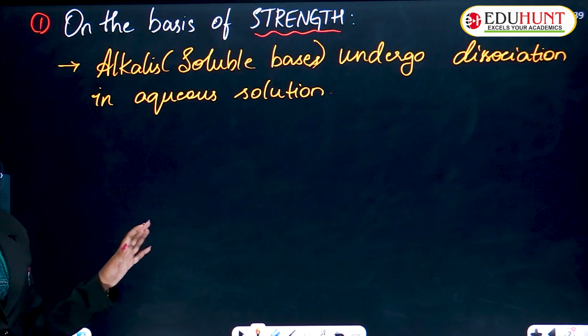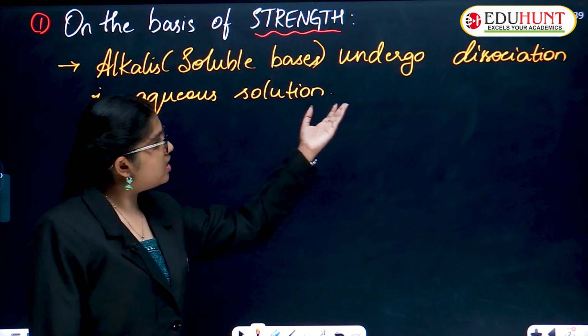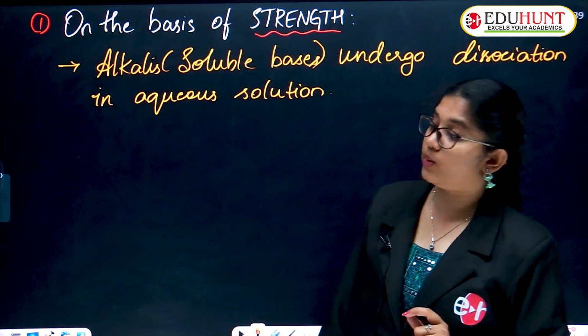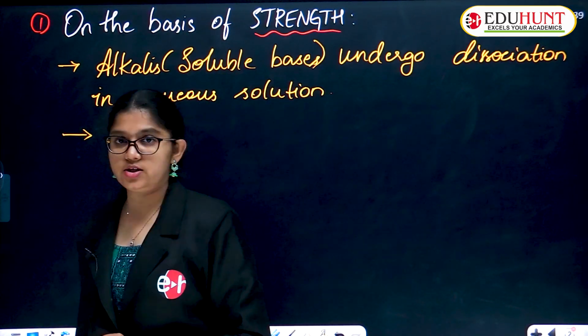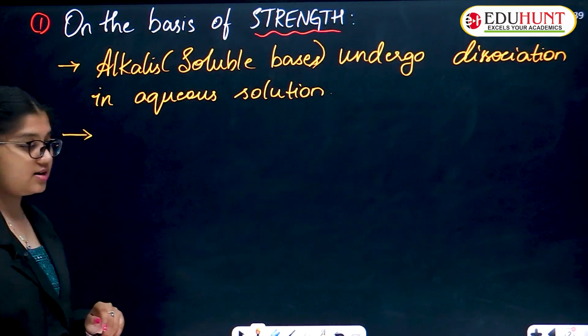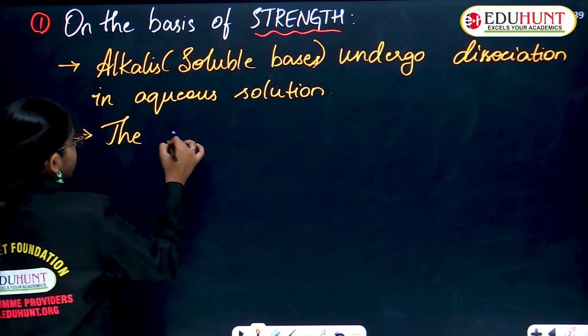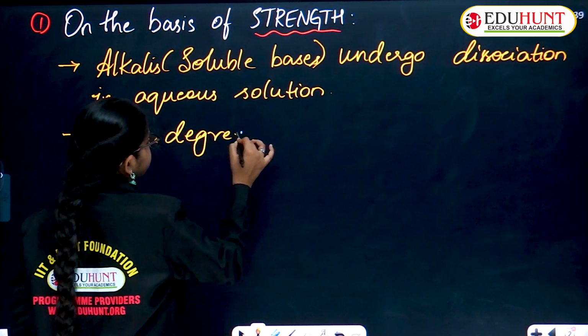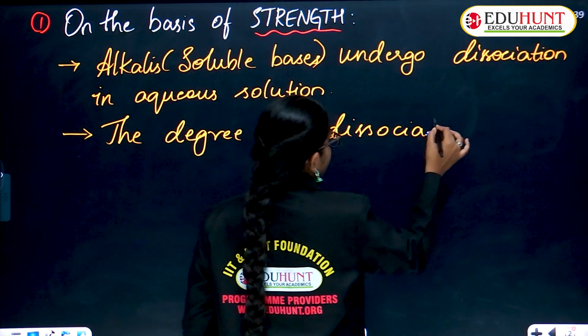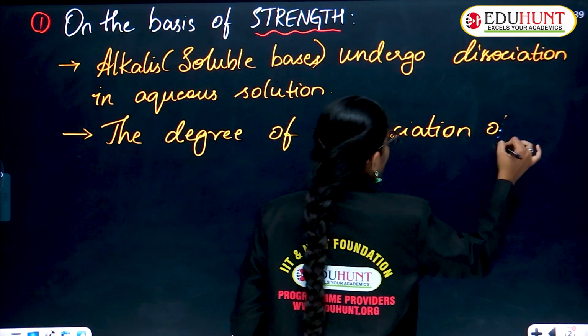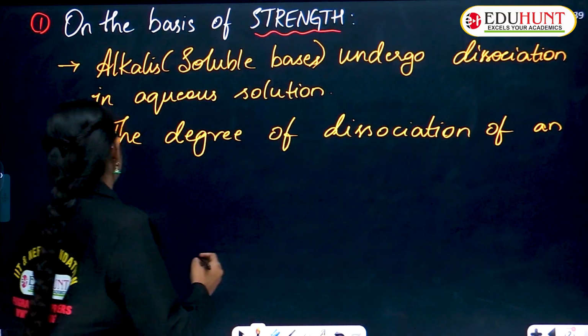So the alkalis, which are known as soluble bases, undergo dissociation in the aqueous solution. After dissociating, there will be some degree of dissociation of an alkali.